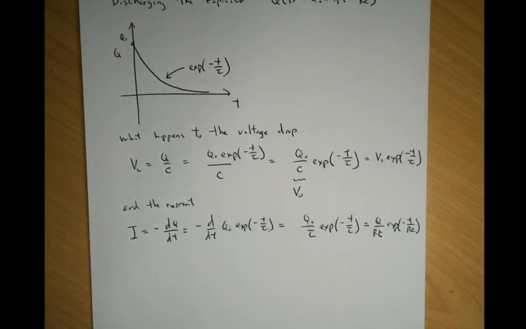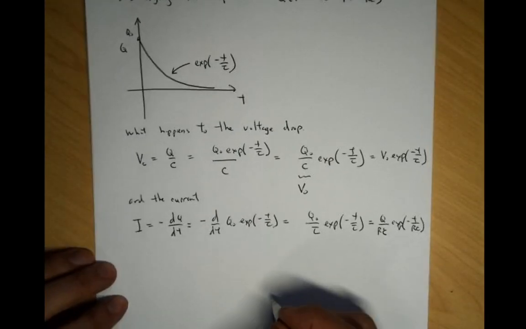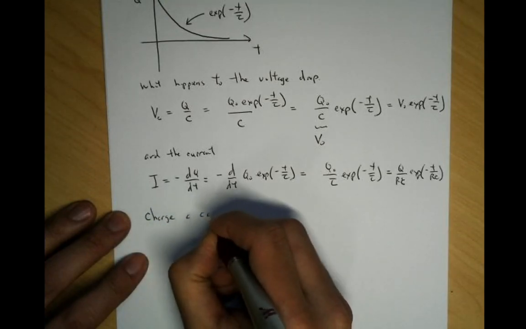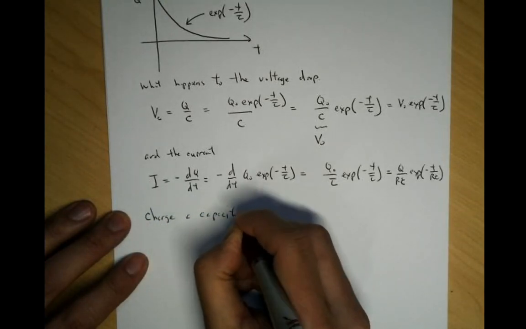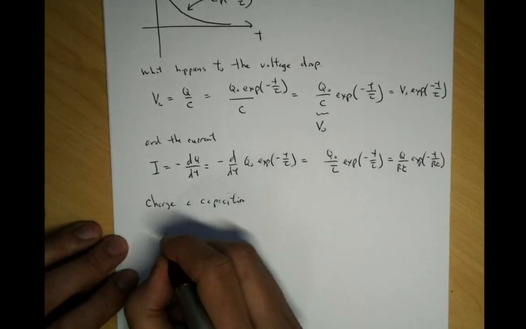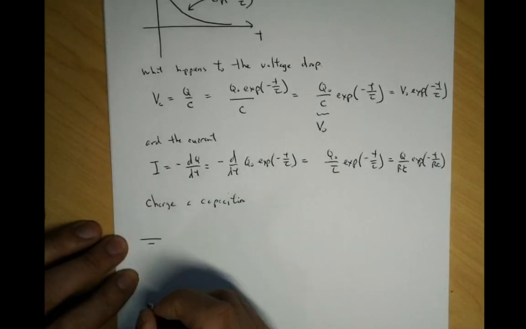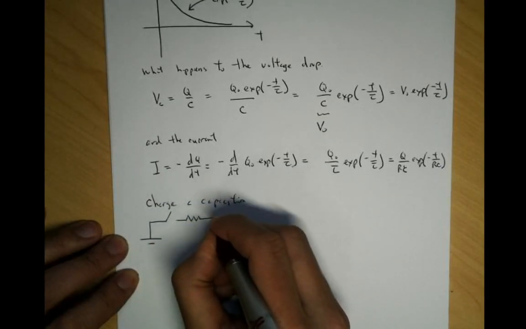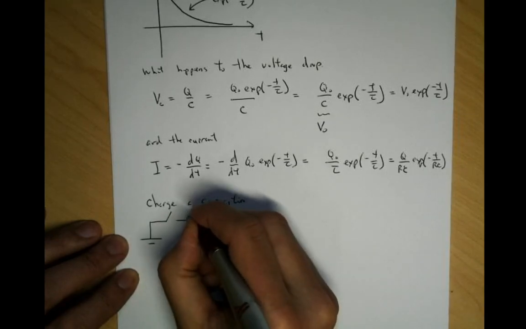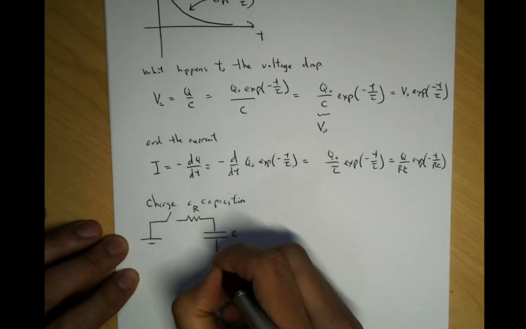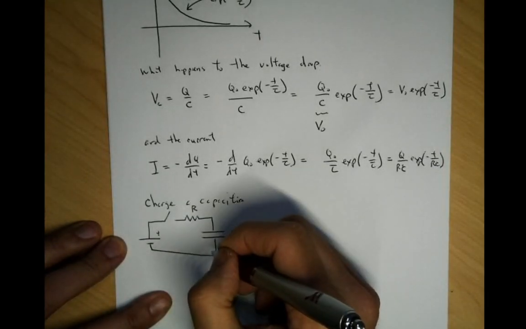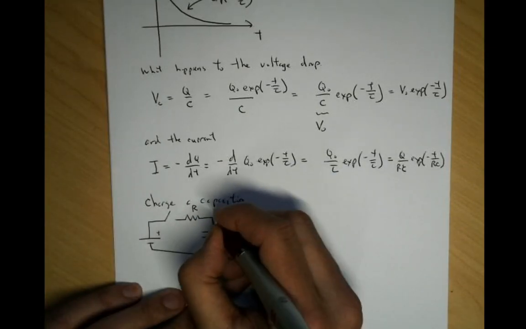Now you could do another example, which is you could charge a capacitor. So let's draw a circuit for that one. It looks like this. So now we're going to need a battery here, and then a switch, a resistor with resistance R, and a capacitor with capacitance C, with the plus sign here.